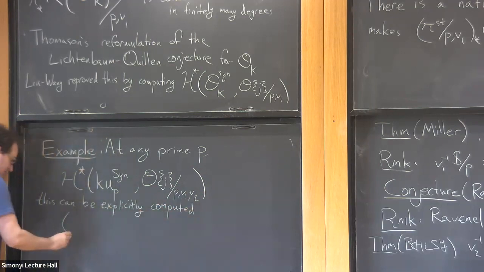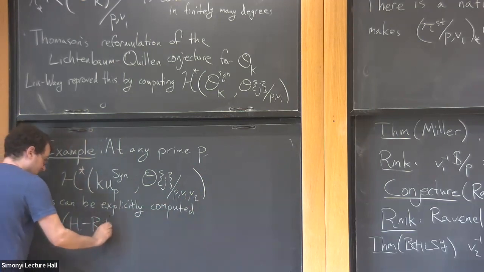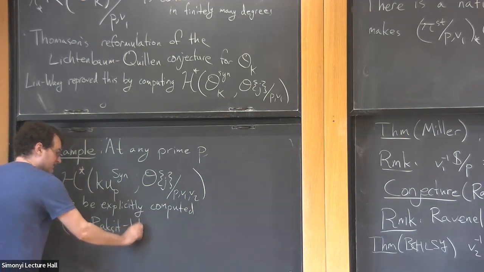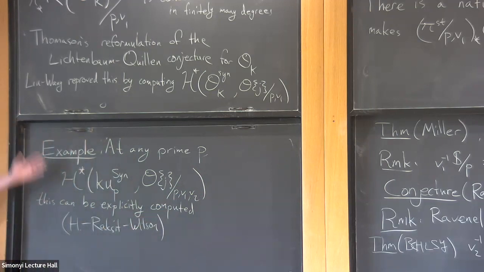In fact, it was explicitly computed by myself, Arpon Raksit, and Dylan Wilson. And it's something vaguely along the lines of this Lu Wang thing. You just sit down and compute.